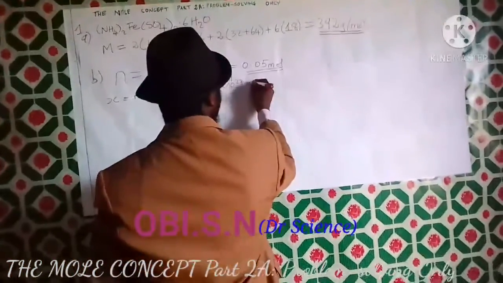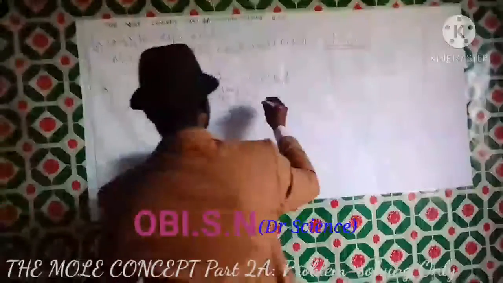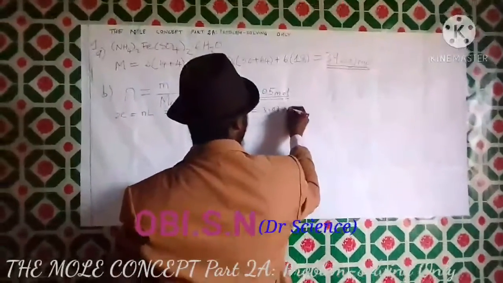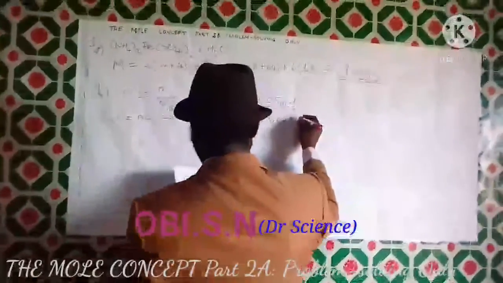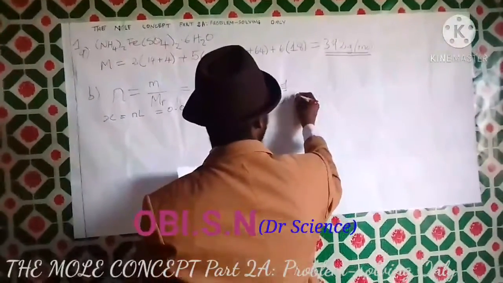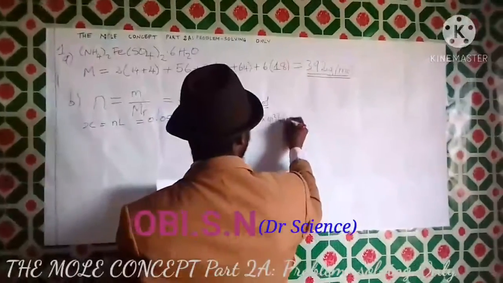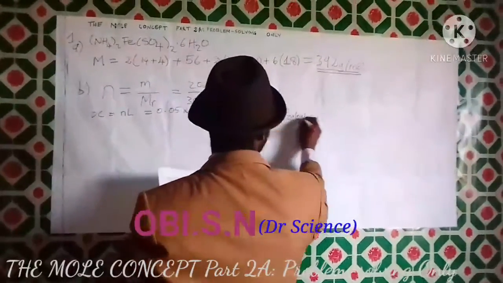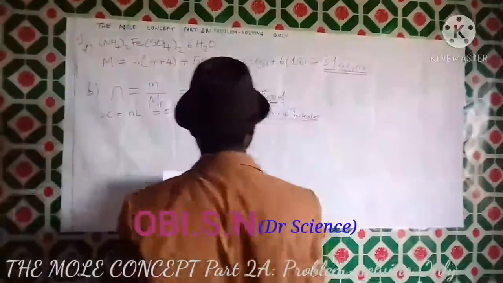And this gives us 3.07 times 10 to the power 22 molecules. So this is our answer.